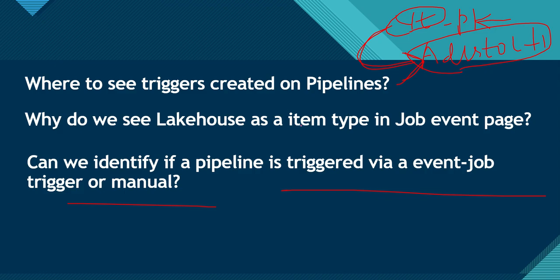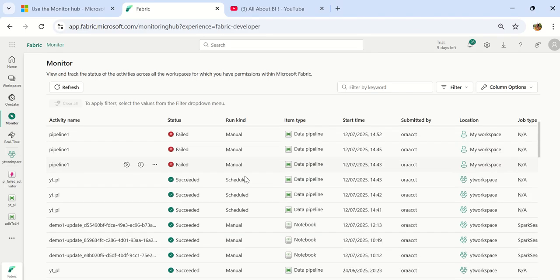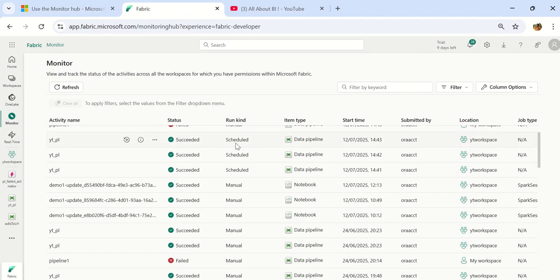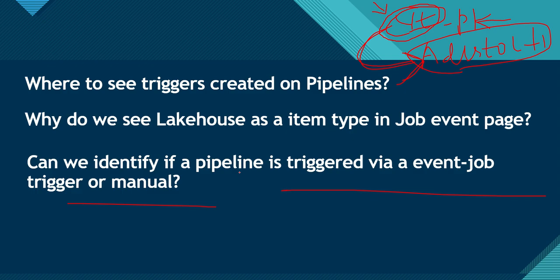So what I thought is, whenever the parent pipeline is triggered manually, the child pipeline also will get the same run type as manual. Otherwise, if you are triggering the parent pipeline via a scheduled trigger, then you will be seeing it as scheduled. So I had some other execution via a schedule, I executed it, so it is showing the run kind as schedule.